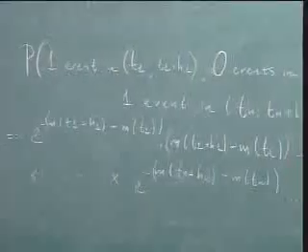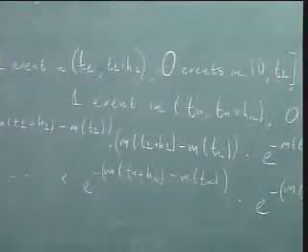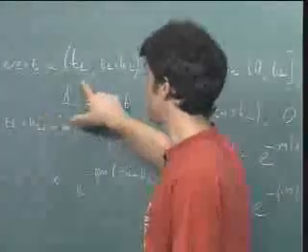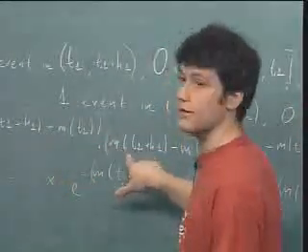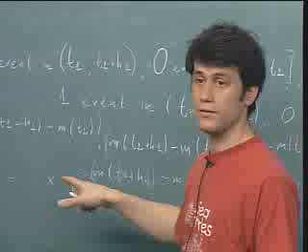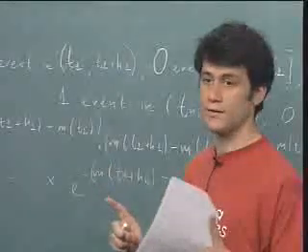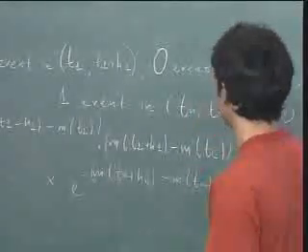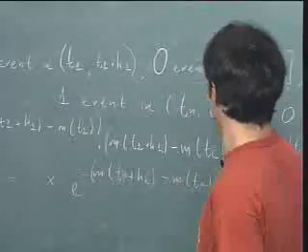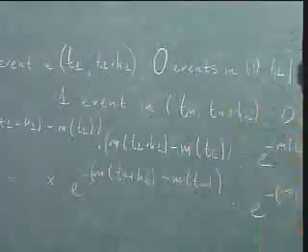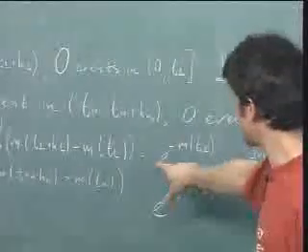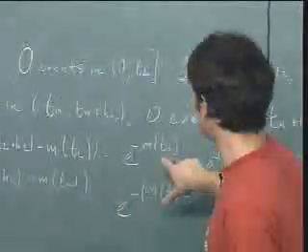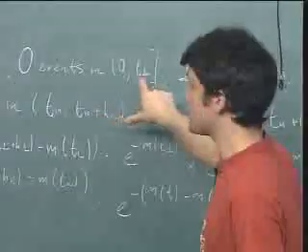Well, so we're breaking down this probability. Now, we want one event to occur here, right? So this is the probability of exactly one event occurring in this time window. But we don't want just that. We want no events to happen here. We have independent increments, which is great, which means that we can just multiply times the probability that no events happen in this time window.